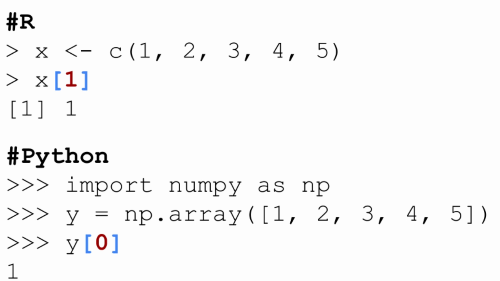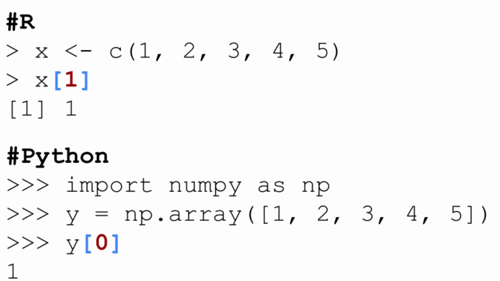The index is an integer that specifies the position of the element in the vector containing the sequence of data elements. Okay? Square brackets are used for both Python and R indexing. But how you specify the index value inside the square brackets is different between the two languages.